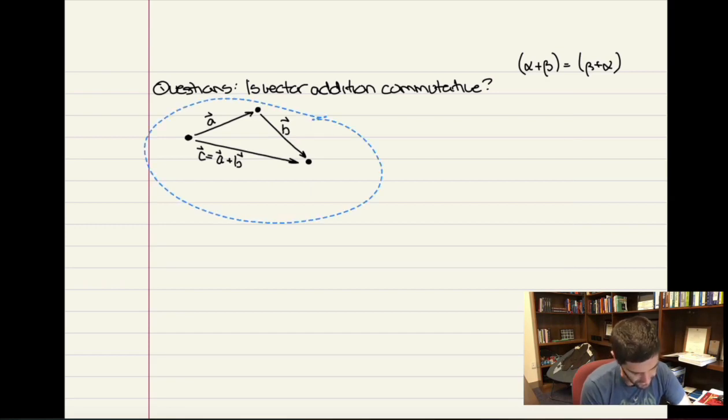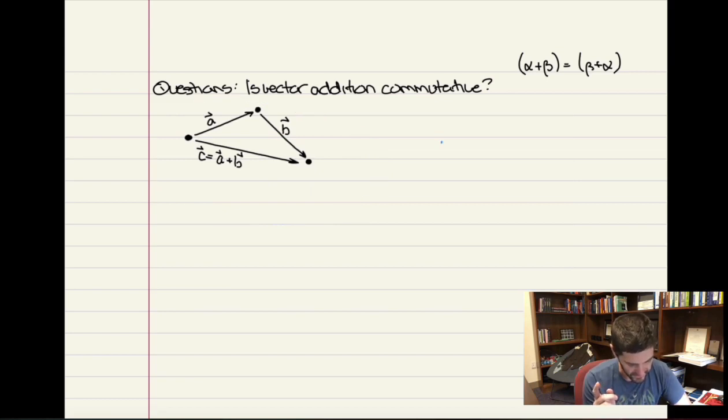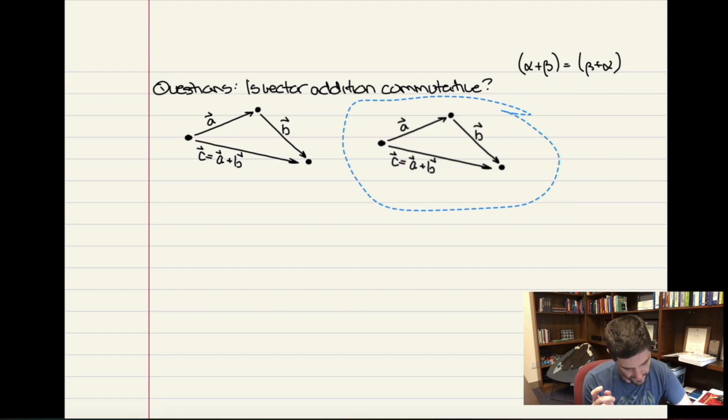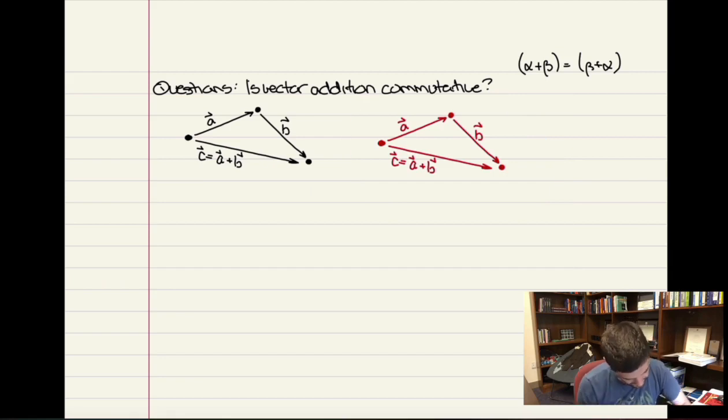I'm going to do this just so that you are convinced I'm using the same vectors and not using some sort of magic. I'm going to take the original and color it a different color. I'm going to get rid of this. So that is the original path. We first did A and then we did B. Now we're going to do it in the opposite order.